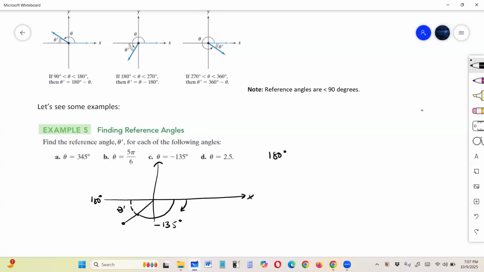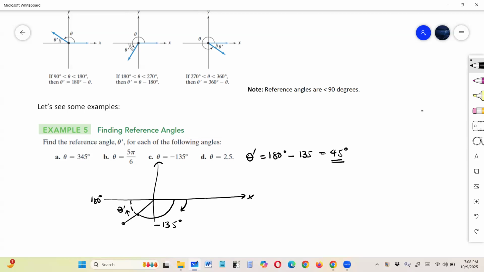So the reference angle would be 180 minus 135, with the negative sign. So 180 minus 135, what is that, 45 degrees? Normally I am going that way, so the angle would be negative, but the reference angle is a positive angle, 45 degrees. Always looking in terms of positive angles.